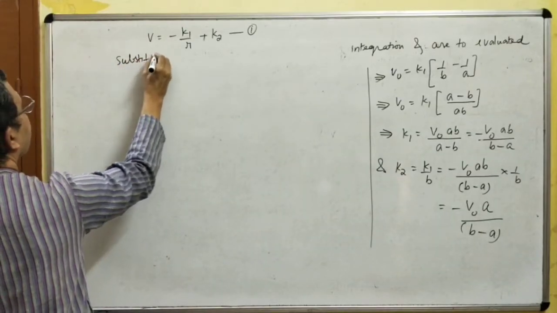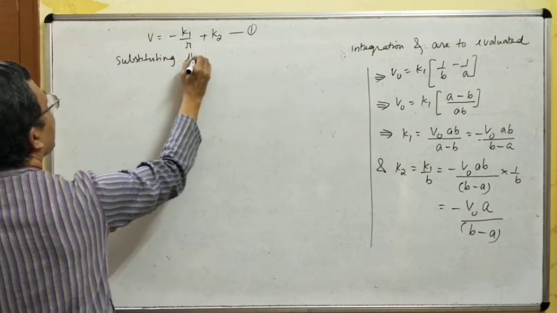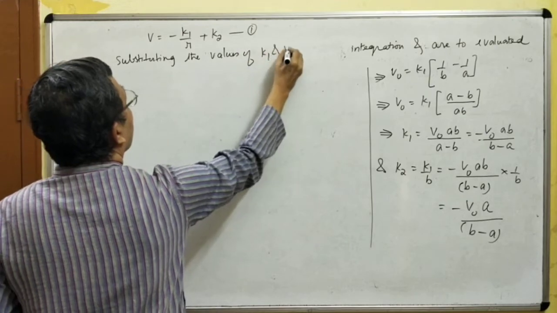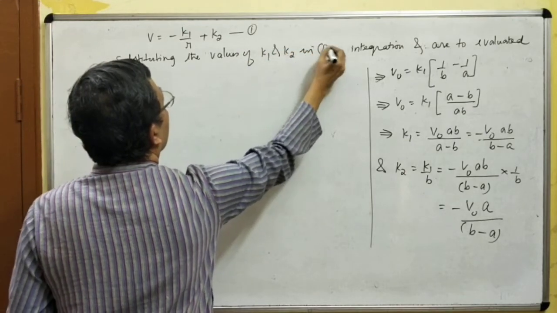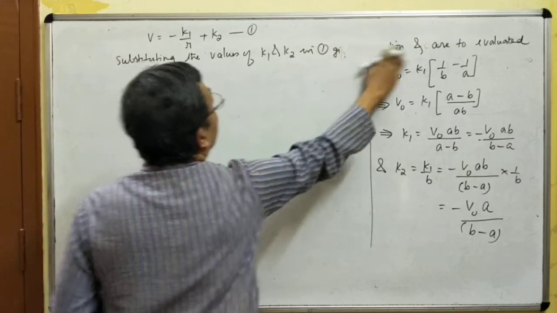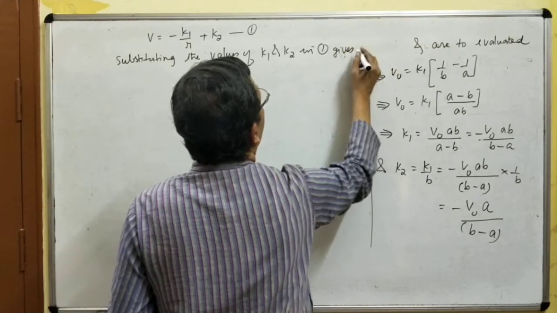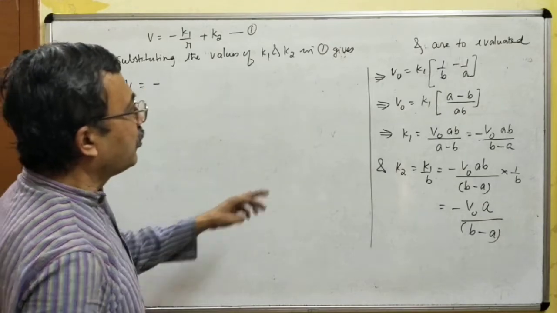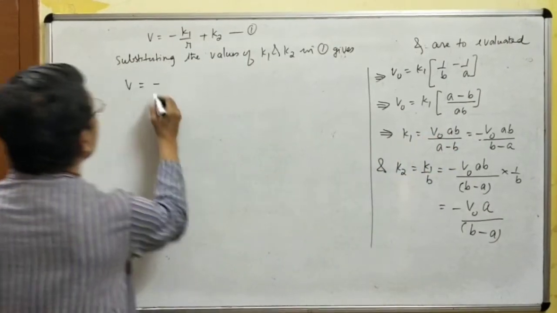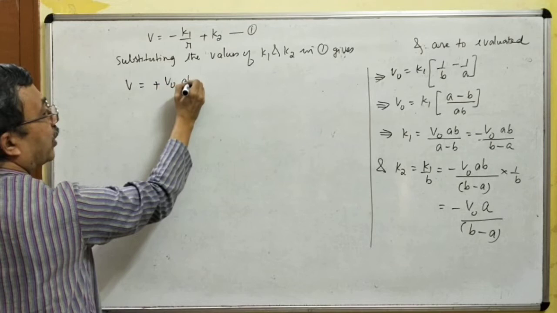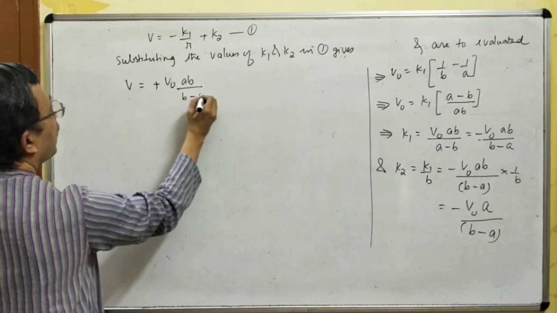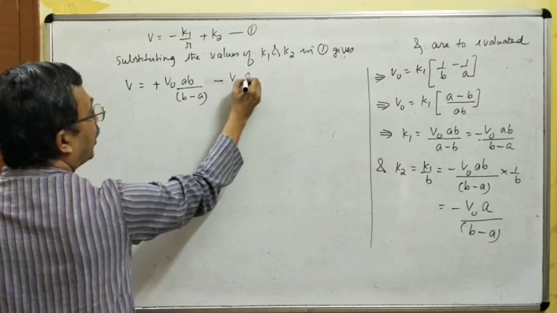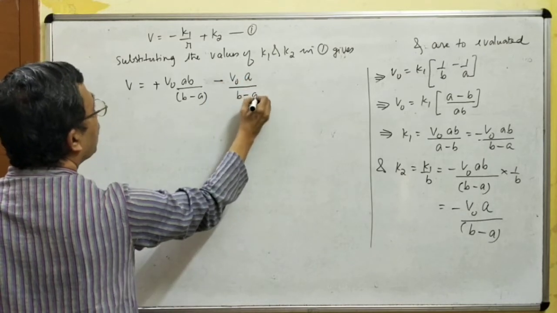Substituting the values of k1 and k2 in equation 1 gives v is equal to minus, minus of minus becomes plus, so plus v naught into ab divided by b minus a, into 1 by r, plus k2. k2 is minus v naught into a divided by b minus a.